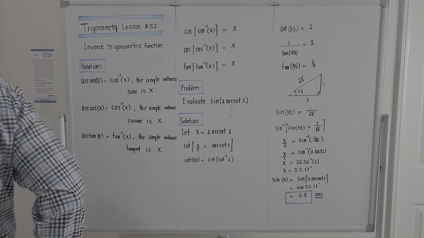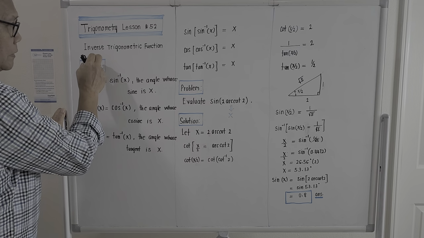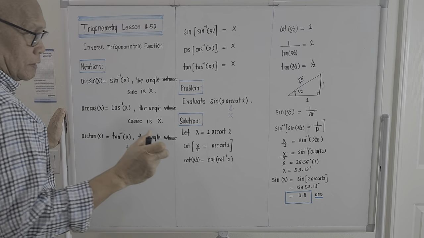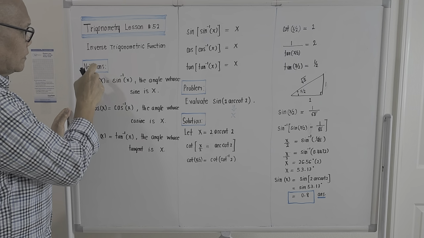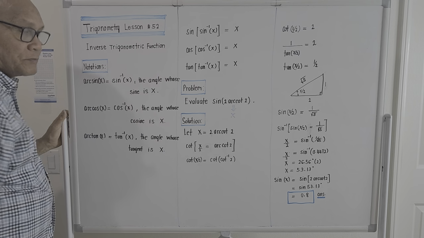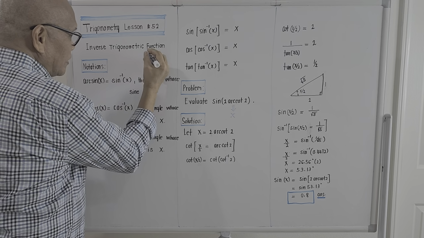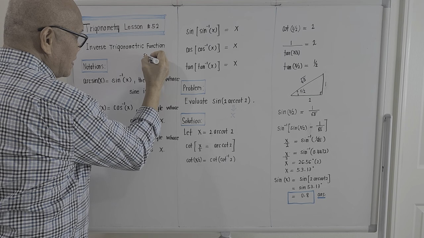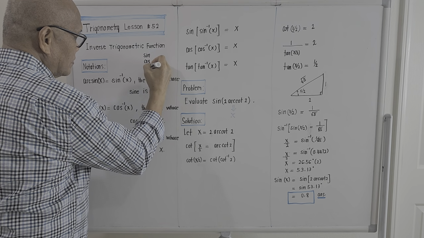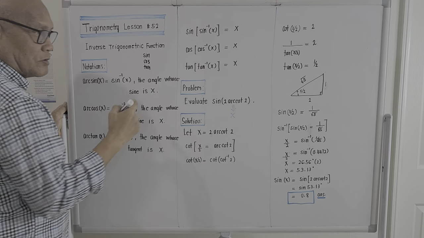The subject matter for this morning will be lesson number 52, and the title of the topic will be inverse trigonometric function. If originally we are given the sine, cosine, and tangent, these are the so-called trigonometric functions.